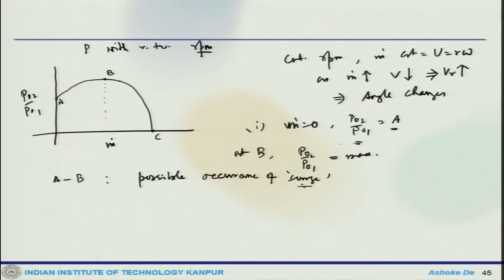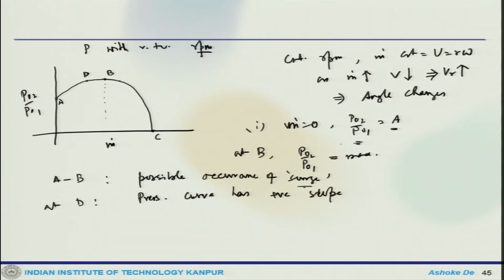So, surge means there is an immediate or sudden drop in P naught 2 with violent aerodynamic instability. Let us say the compressor is operating somewhere here, point D, in between A and B. At D, the pressure curve has a positive slope.